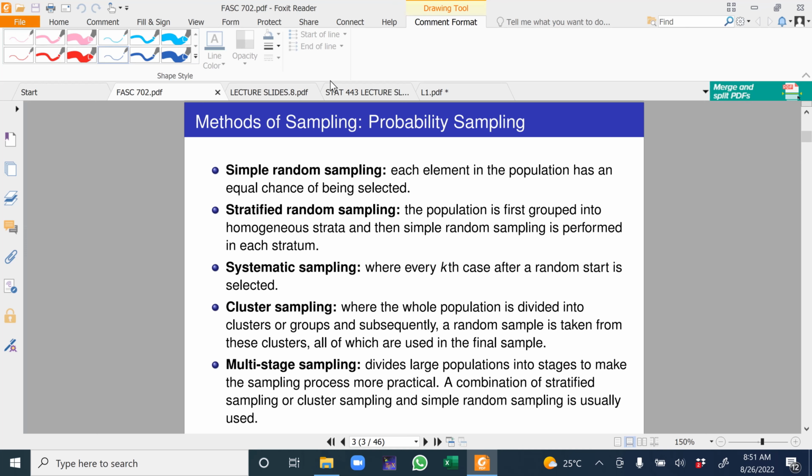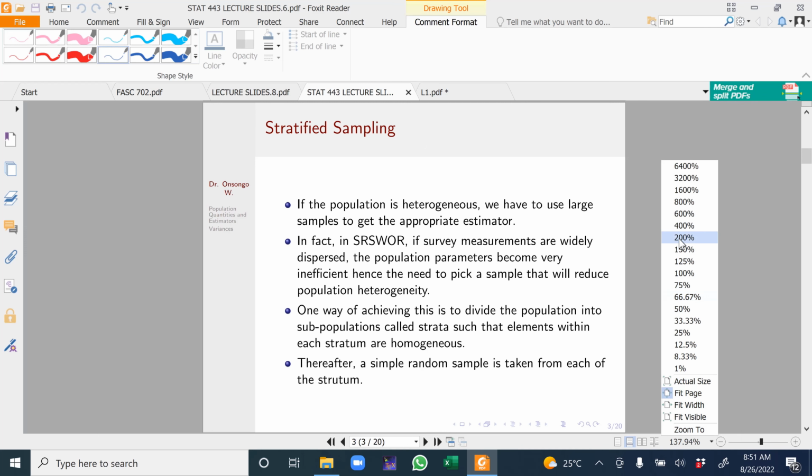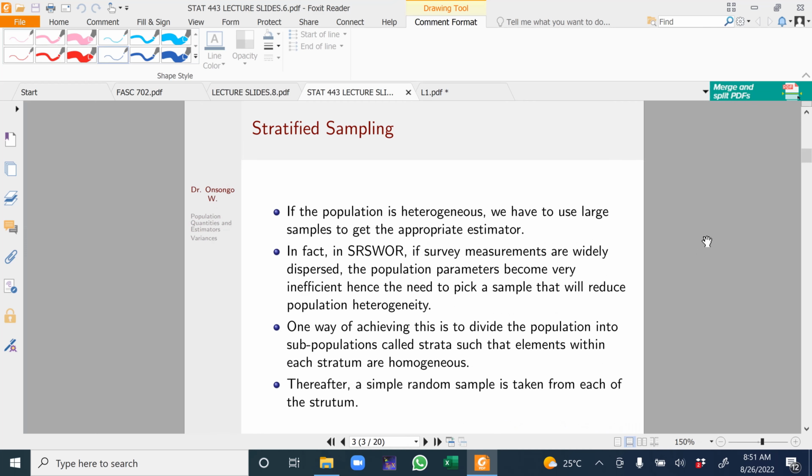Just like in this case, if your population is so heterogeneous, it implies that you'll need to use large samples to get the correct results.